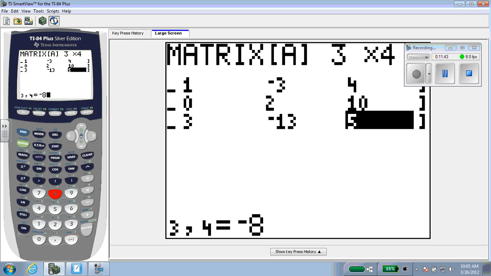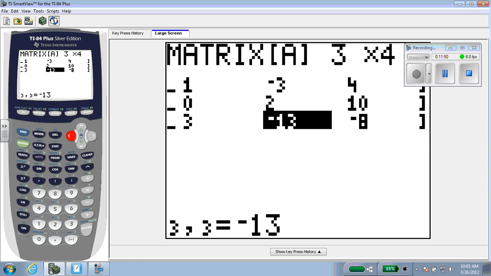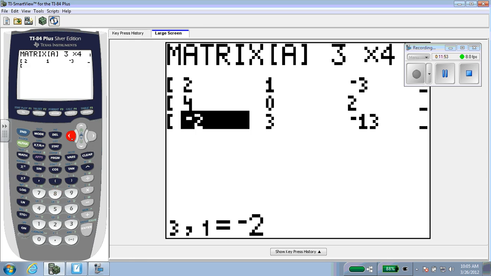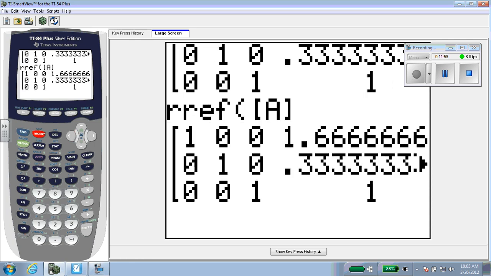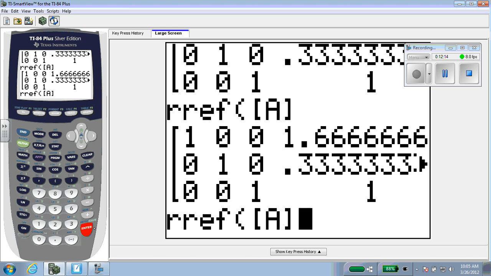Okay, so 4, 10, negative 8, give 3, 2, negative 13. 2, 4, negative 2, 1, 0, 3. Okay, second quit. Okay, we're going to do reduced row echelon form for matrix A.